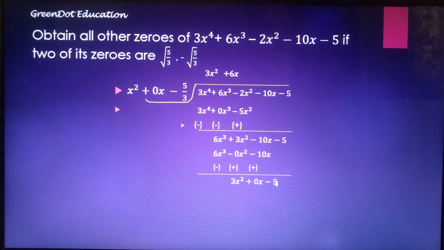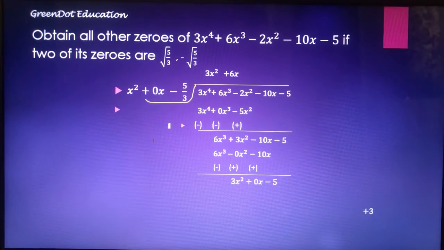Now again repeating the process of getting the term for the quotient, we divide the first term of the resultant dividend by the first term of the divisor polynomial.